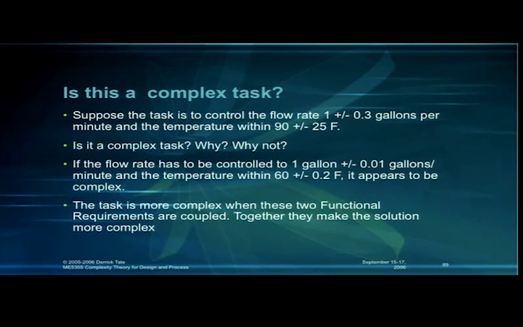Well, if you have requirements where the flow rate is dependent on the temperature, those are coupled. Those two things are together. That makes your system more complex than if the flow rate didn't depend on the temperature. But if you didn't do the analysis and find out that the flow rate did depend on the temperature, you would build a system that didn't work correctly based on the requirements. Does that make sense?